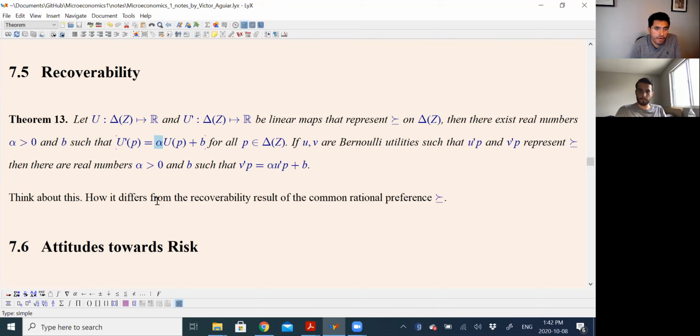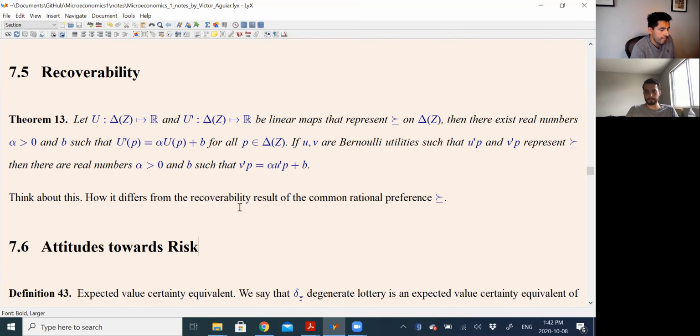Okay, everyone's on the same page. So this, of course, is a way stronger theorem in comparison with chapter 3, right? Where any monotone transformation will still give you the same preferences. Okay, because of linearity, expected utility. So everyone is on the same page.